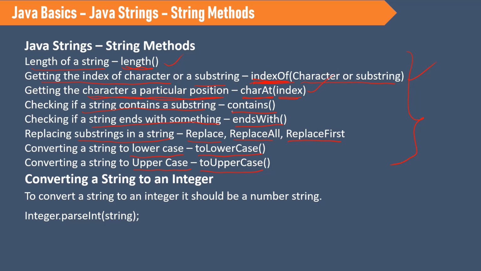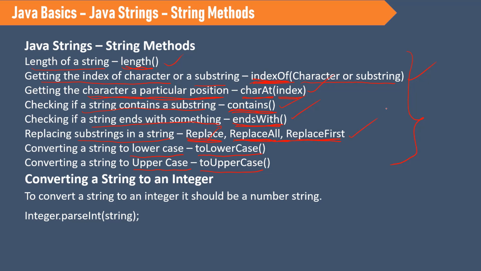If we want to find out if a string contains a substring, we can use the method contains. If we want to find out if a string ends with a particular substring, we can use endsWith. And to replace any substrings, we can use replace, replaceAll and replaceFirst. Replace and replaceAll work similarly, but the difference is replace uses a character or a sequence of characters, but replaceAll and replaceFirst use regular expressions.